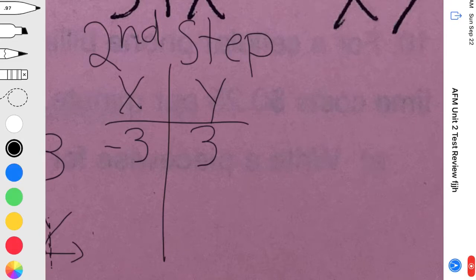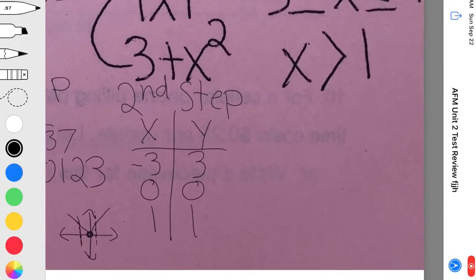So our y values are going 3, 2, 1, 0, but then all of a sudden when x is 0, y's go back up. So it goes 3, 2, 1, 0, 1, 2, 3, so on and so forth. So that is where I want to highlight where it's going to change directions on my graph. And then x is 1, y is 1.